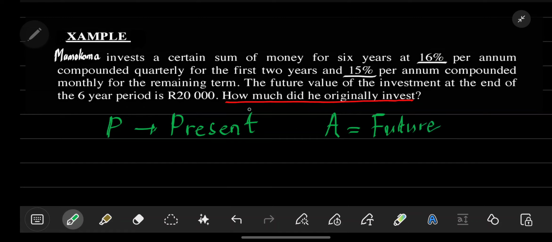So in this case, how much did he originally invest? This is all in the past. You can say present or past. So it simply means that you are going to calculate P, because it's in the past. Those who are good in English will know that "did" refers to the past. I hope that will help you.